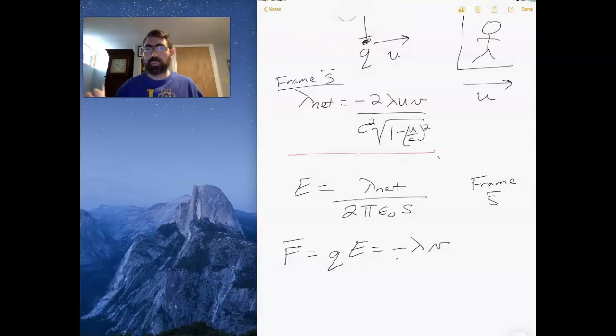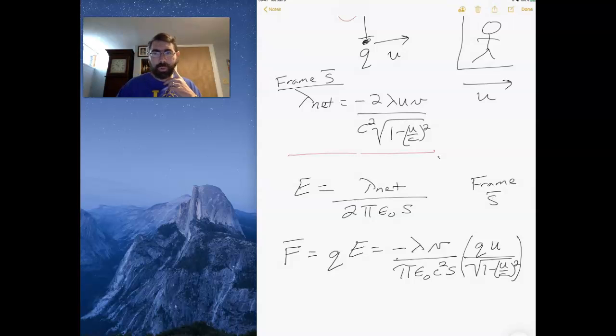If we put in the equation for lambda net, we get minus lambda v over pi epsilon naught c squared s, times q u over 1 minus u over c quantity squared. That would be the force that the person in frame S bar would see.